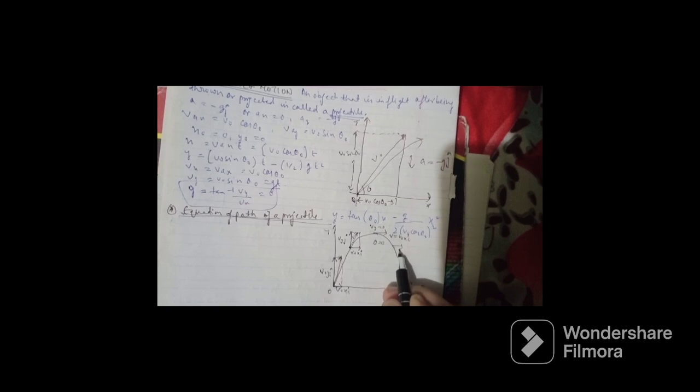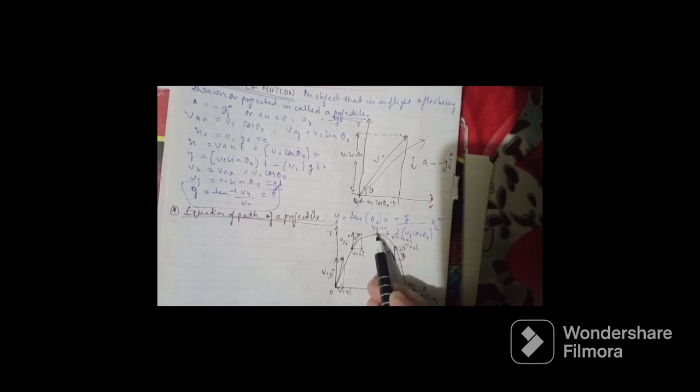Here this is v naught x i cap, vy j cap, and this is v. Another is what I had drawn here. This is theta equals minus theta naught.